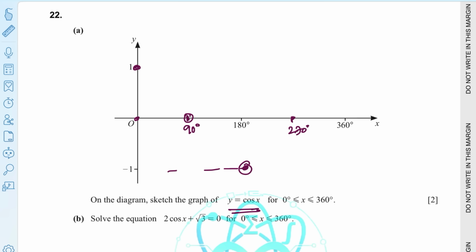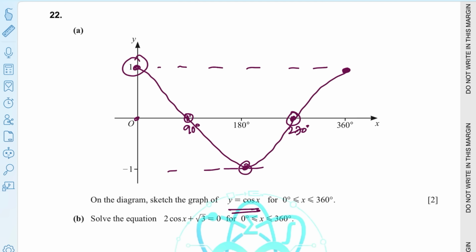For 270 it is 0, and for 360 it will be 1, somewhere around here. If I join these, the cos curve will look like this. Don't make it so pointed, make it a wave kind of thing. This is a cos curve. Again, cos 0 equals 1, cos 90 equals 0, cos 180 is minus 1, cos 270 is 0, and cos 360 equals 1.